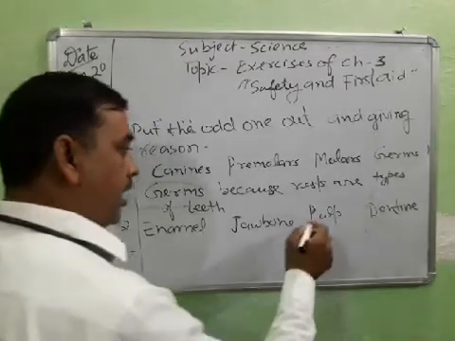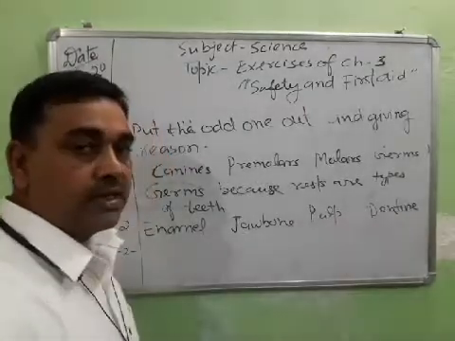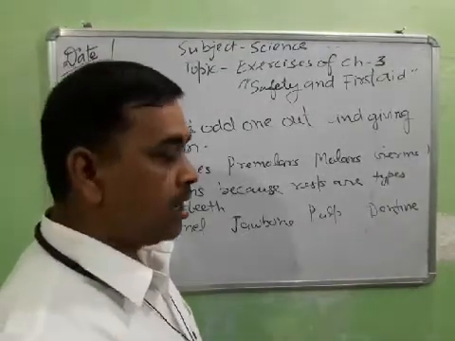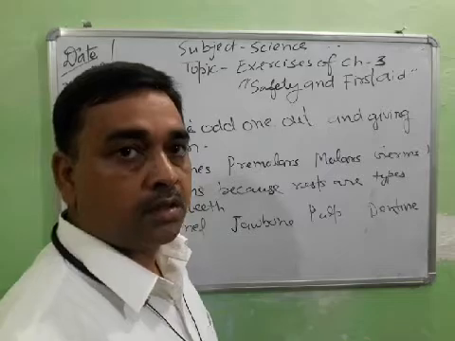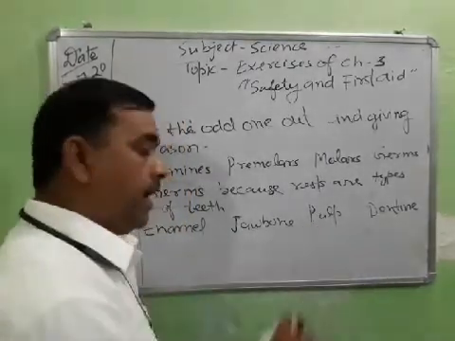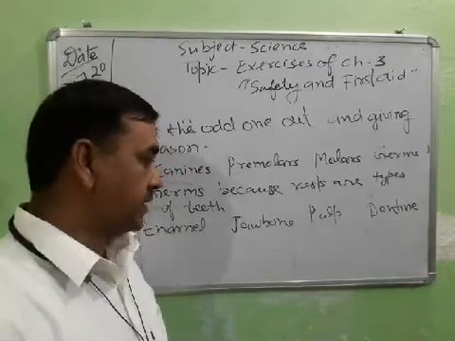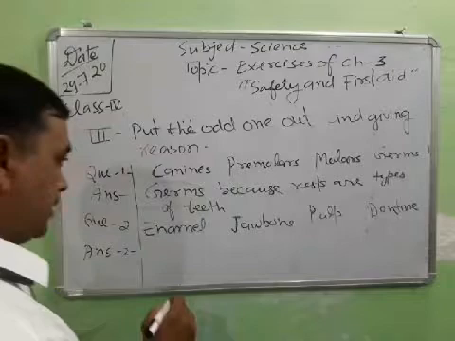Okay student, all these are not very sensitive, not responsible for toothache. Only pulp has the nerve cells, nerves and blood vessels. So your answer will be pulp.